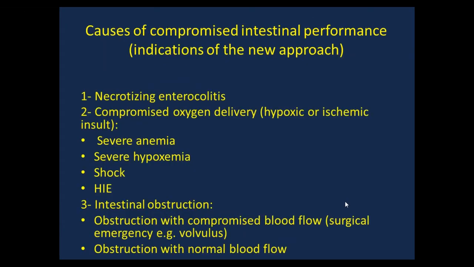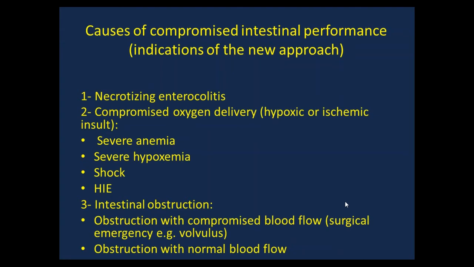In the neonatal intensive care unit we have three main categories of compromised intestinal performance. The first category is necrotizing enterocolitis, which, as you know, is more common in preterm infants. And then we have compromised oxygen delivery, if the intestine is exposed to hypoxia or ischemia due to severe anemia or severe hypoxemia, like in congenital heart disease, or shock, hypoxic ischemic encephalopathy.